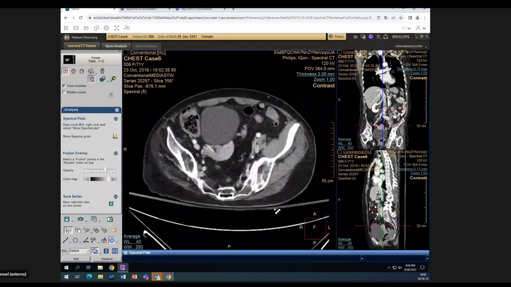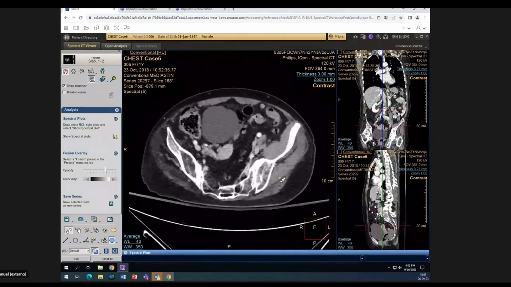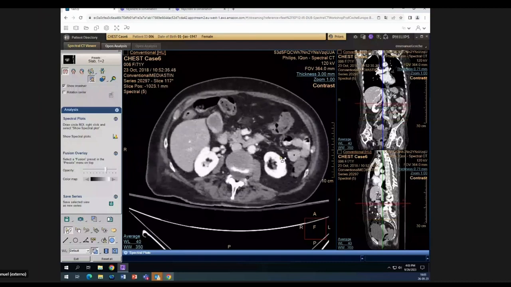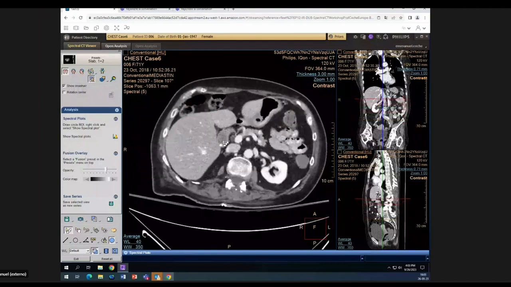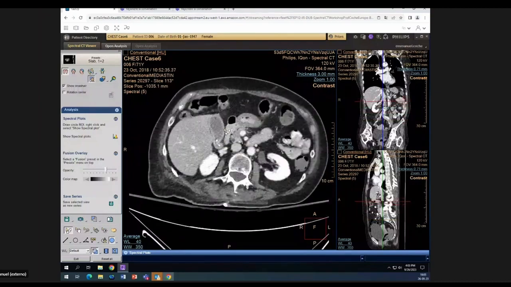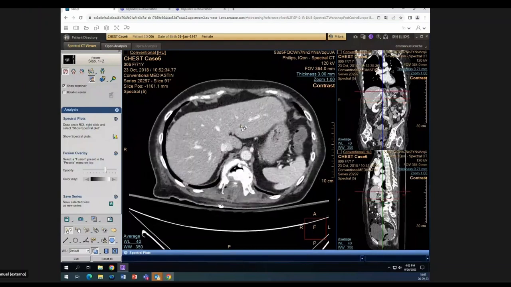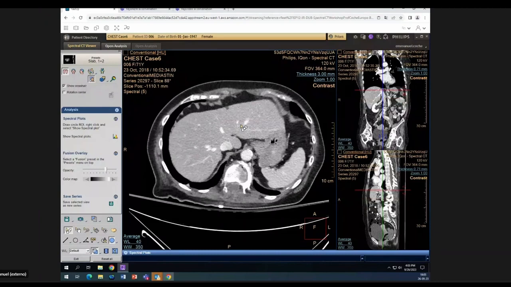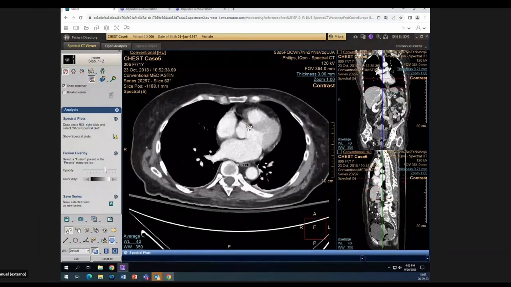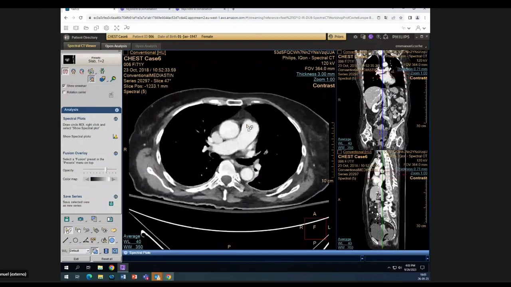It was a total body CT. And we don't see anything very special, maybe some lithiasis in the gallbladder. I go up in the mediastinal window setting. We don't see something interesting.